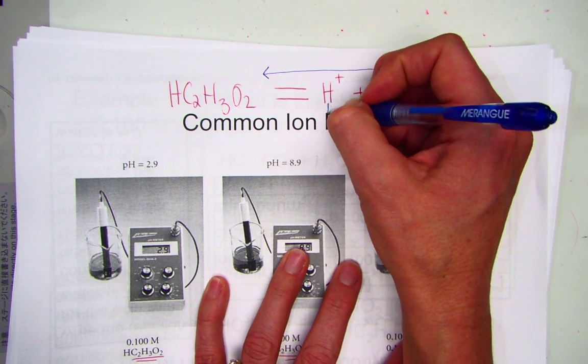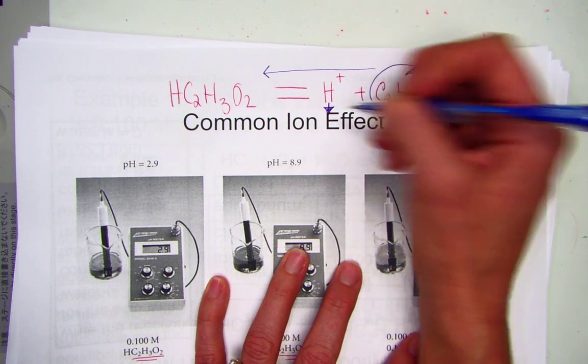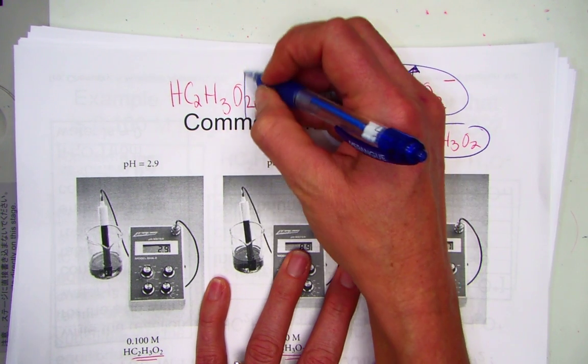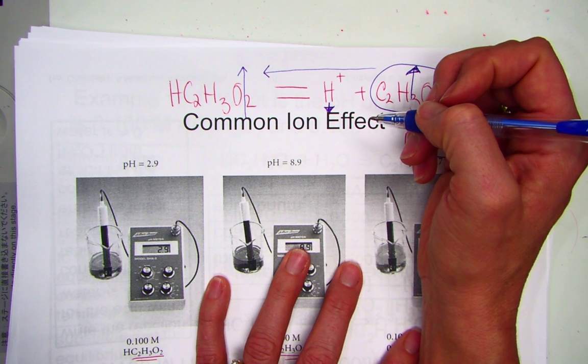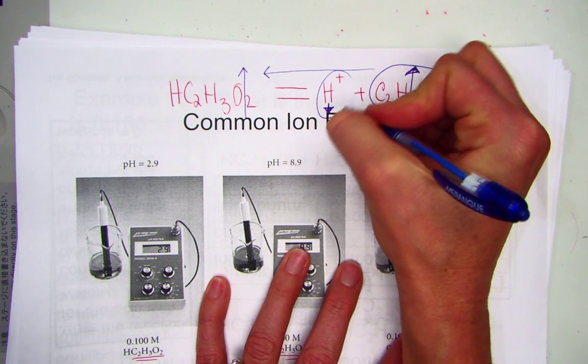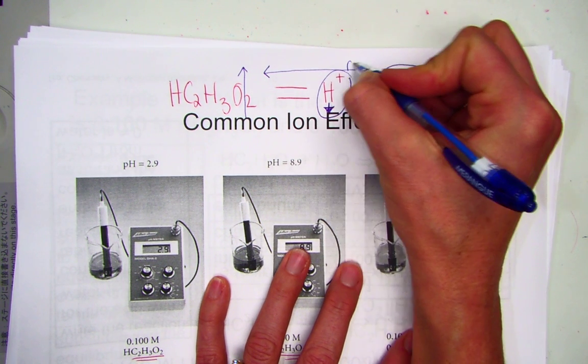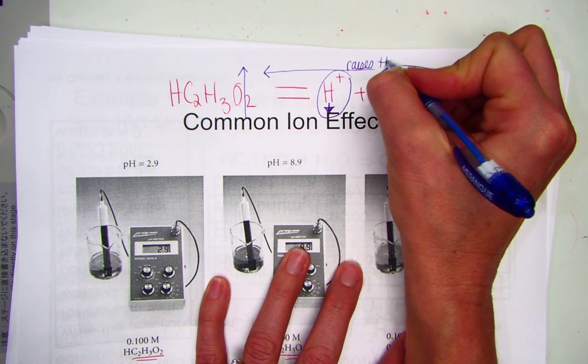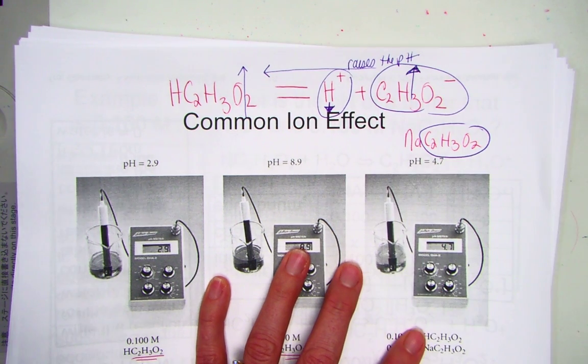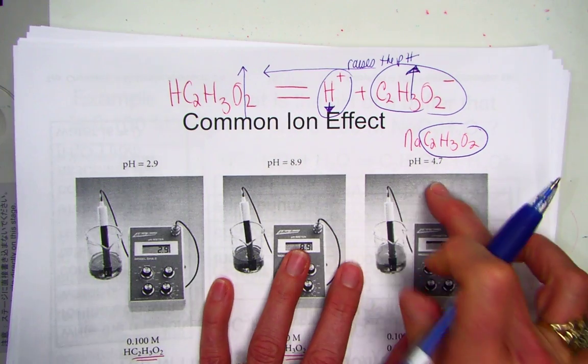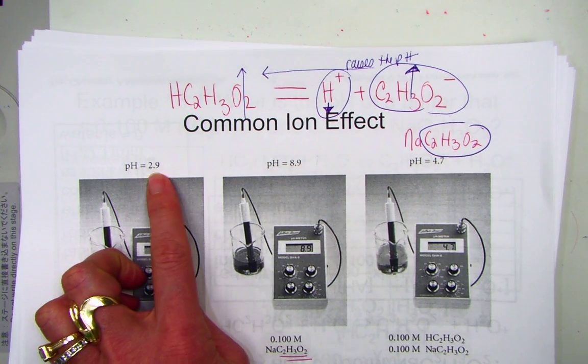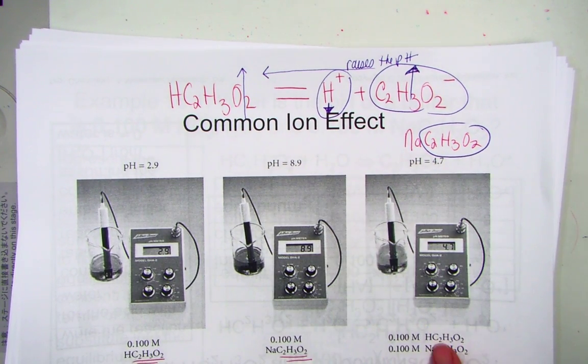Now remember, pointing away says we're going to take out some of the hydrogen ion as well, increase the molecular form of the acid. Removing hydrogen ion raises the pH. Not as acidic, and we see the pH climb from 2.9 to 4.7 when they're placed together.